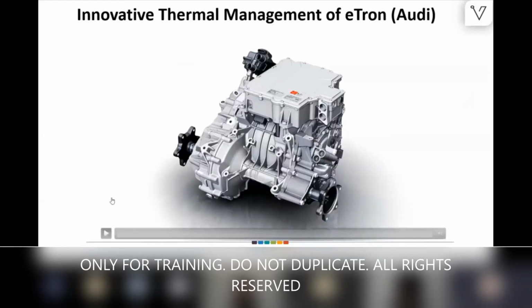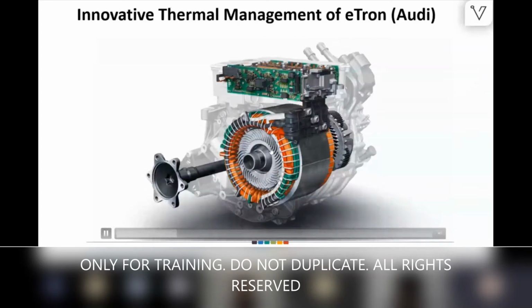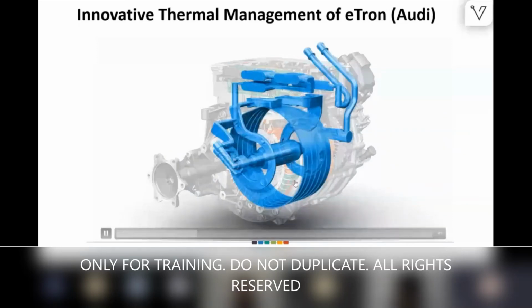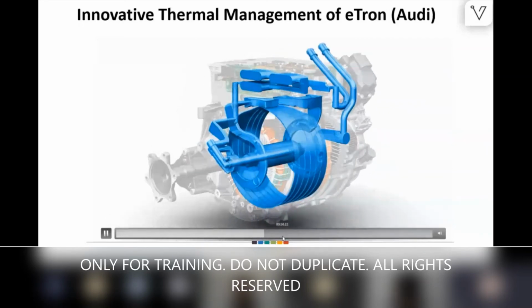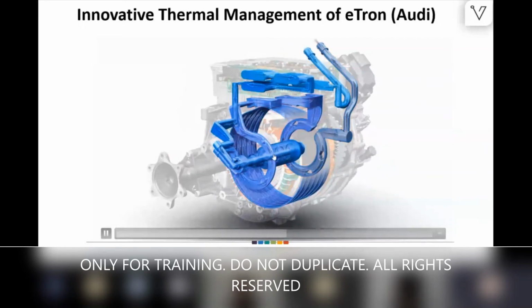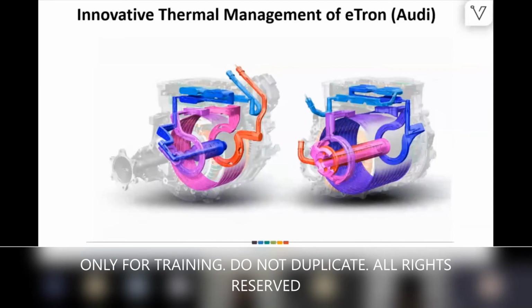You can see the stator here, the transmission on that side, the rotor on this side, and the housing which carries these cooling channels. These channels will have glycol plus water running inside, and they have improved this design, and you can see the rotor is also cooled now, not just the stator, because even the rotor has many losses, like eddy current losses on the permanent magnet. The magnet temperature has to be controlled, because demagnetization is also a function of temperature.